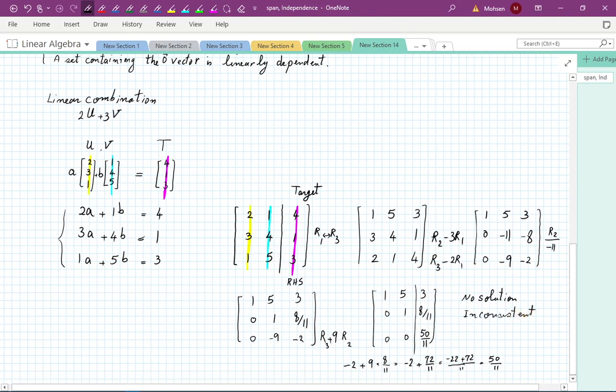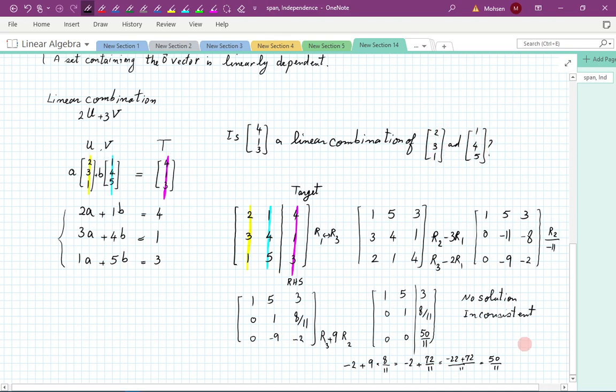And the way we express this is, let's write the question. What was the question? Is 4, 1, 3 a linear combination of 2, 3, 1 and 1, 4, 5?